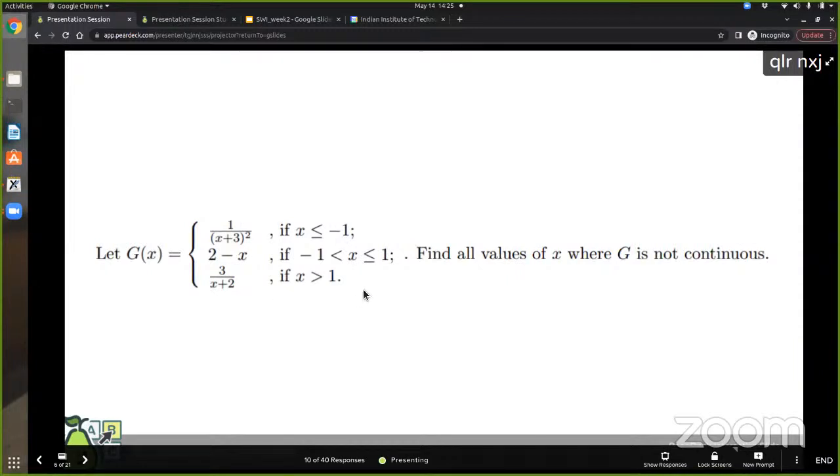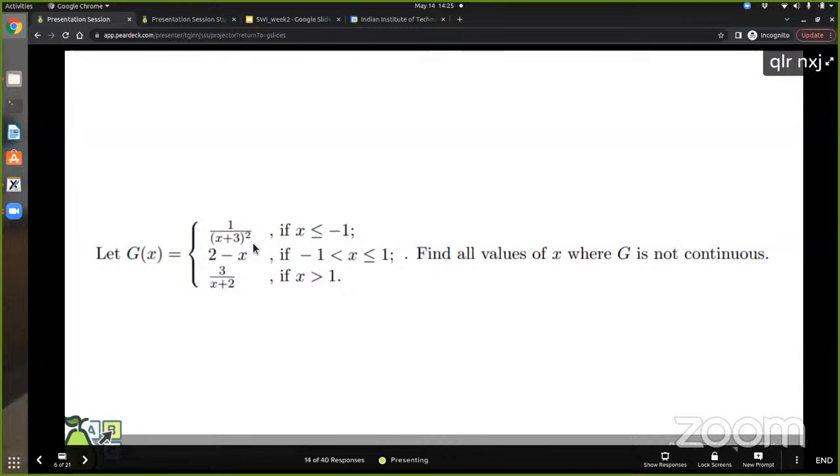So in case of such a piecewise function, you should check for these boundary points for each piece of the function. So x is equal to -1 is one point where we should be checking. Another point should be x is equal to 1, where we should check for continuity of the function. Other points where we should check for continuity are found by checking the denominator.